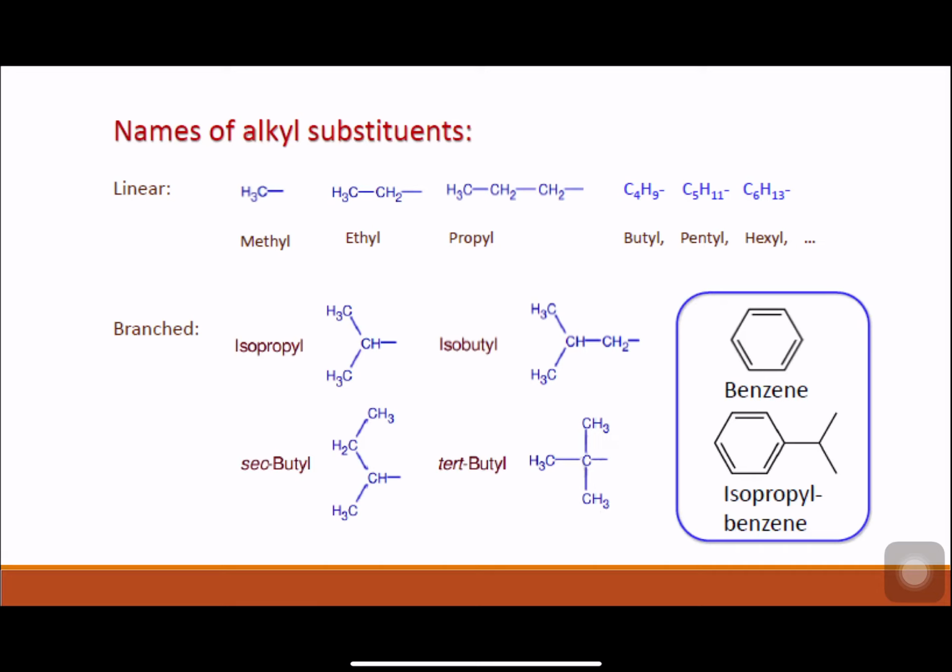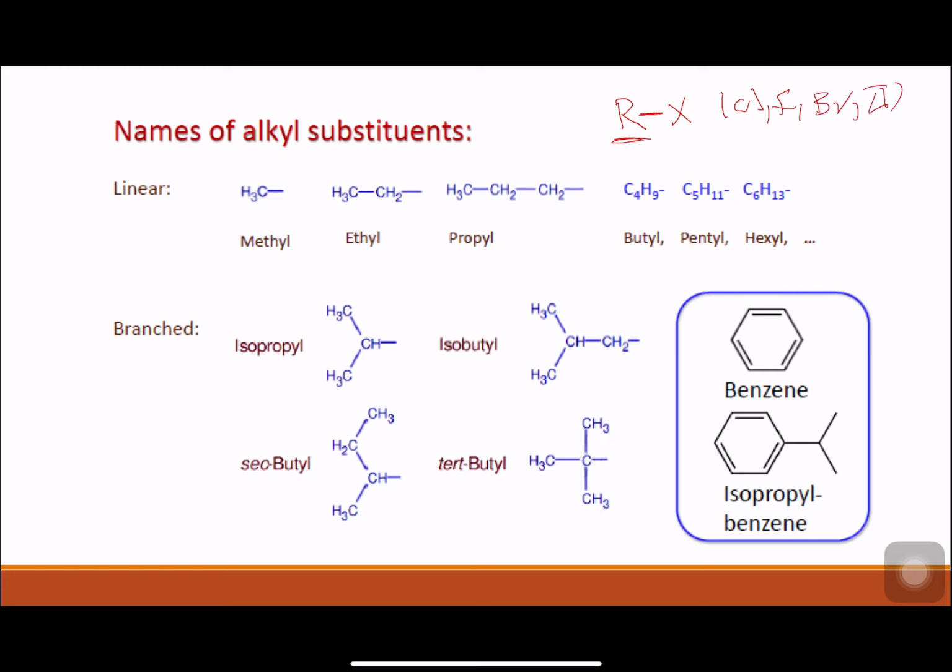If you have a compound with an alkyl substituent, the one that in the previous video we referred to as an R. If you remember, for alkyl halides, for example, we wrote R and X. We said the X can be any halide like chloride, fluoride, bromide, or iodide. So this R is called the alkyl substituent.